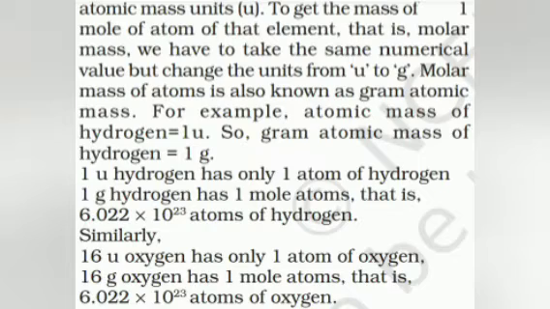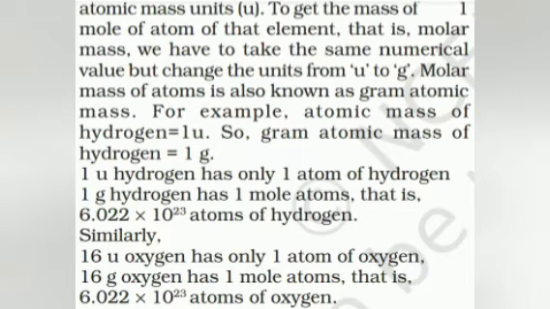So the molar mass of an atom is also known as gram atomic mass. What do we call it? Gram atomic mass. For example, the atomic mass of hydrogen is 1 u, so the gram atomic mass of hydrogen is 1 gram. 1 u of hydrogen is 1 atom of hydrogen, and 1 gram of hydrogen has 1 mole of atoms, that is Avogadro's number of atoms of hydrogen.